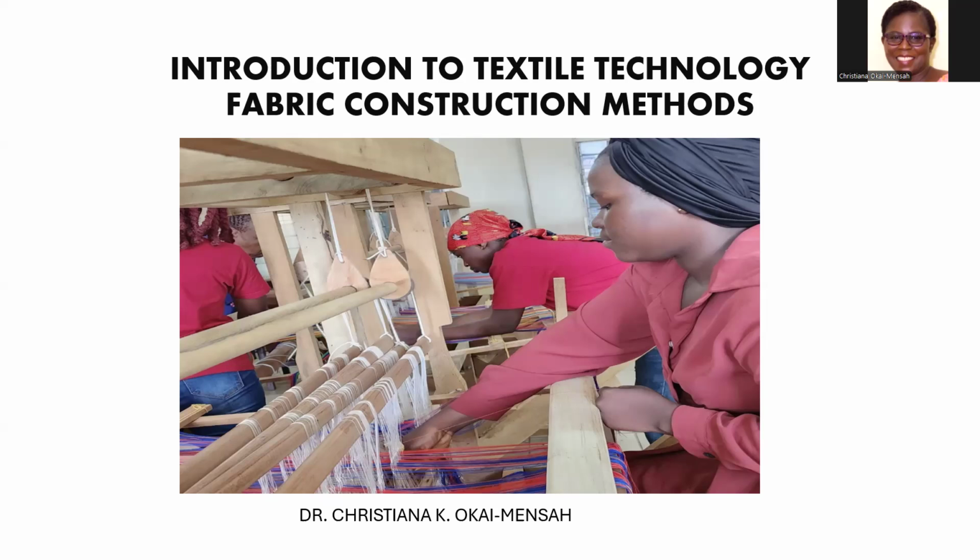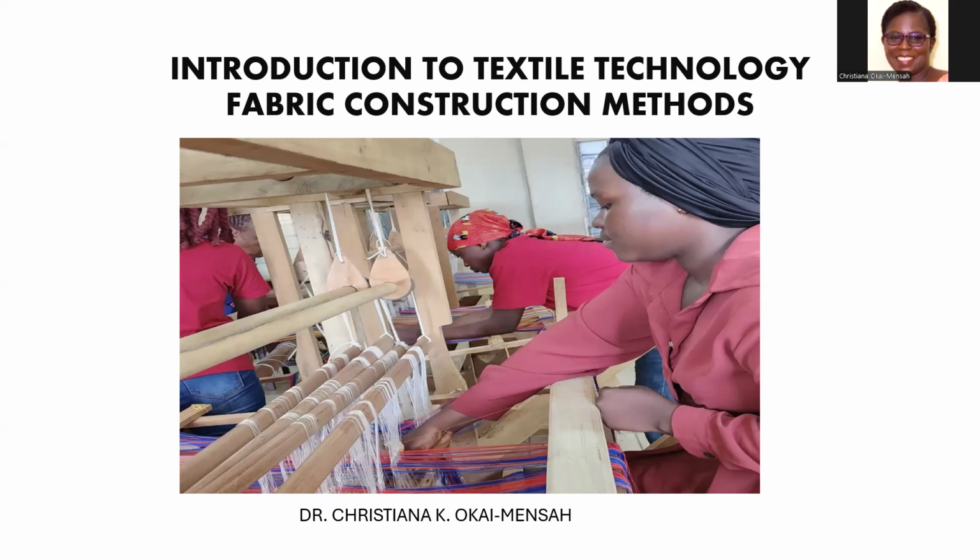Okay. So I want to reflect on what we have done already. We started with fabric construction methods. So we learned about the various methods that we can use to produce fabric. And we have taken weaving as the main fabric construction for this session.